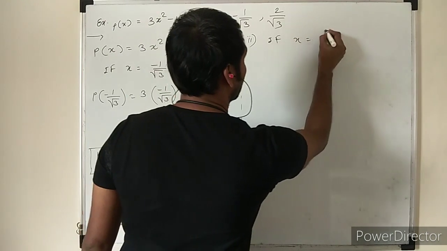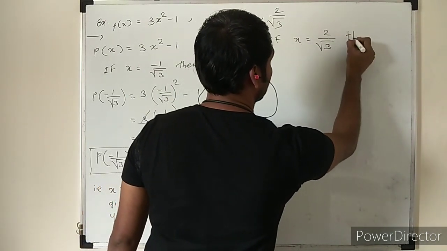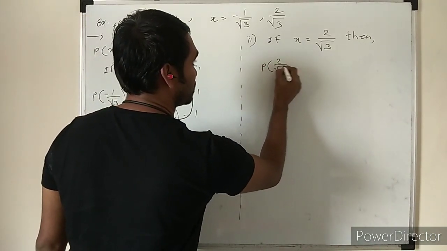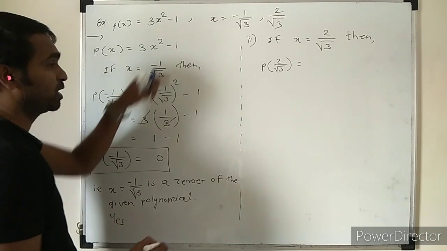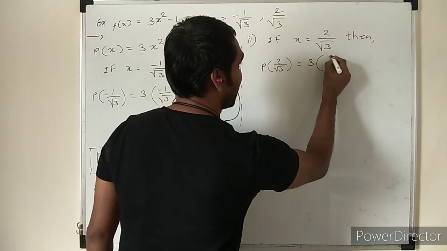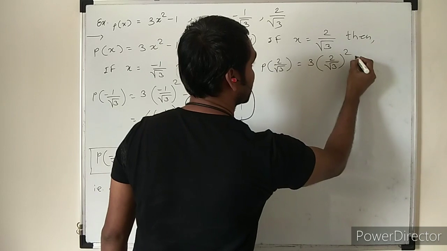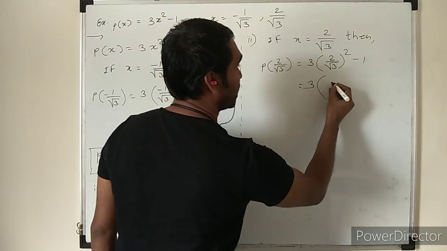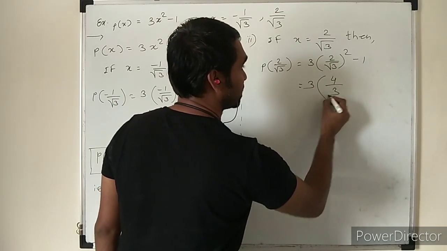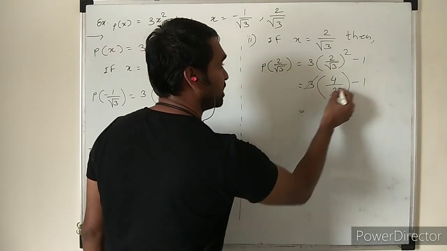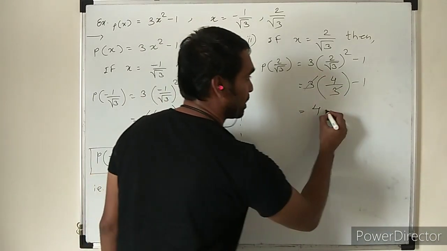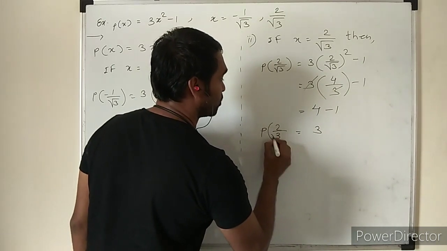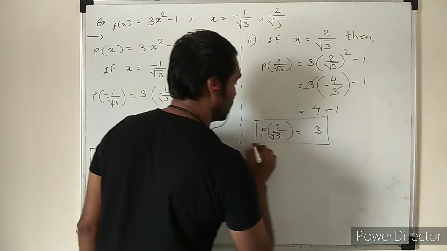If x is equal to 2 upon root 3, then first P of 2 upon root 3, equation is 3x square minus 1, that is 3 multiply 2 upon root 3 bracket square minus 1. Okay, then solve. 3 multiply 2 square, that is 4, root 3 square, that is 3, minus 1. 3 cancel, remaining 4 minus 1. 4 minus 1, 3. Means P of 2 upon root 3 is equal to 3.